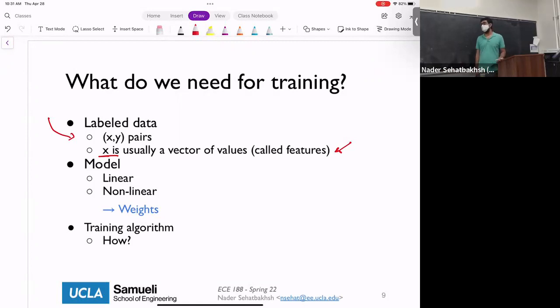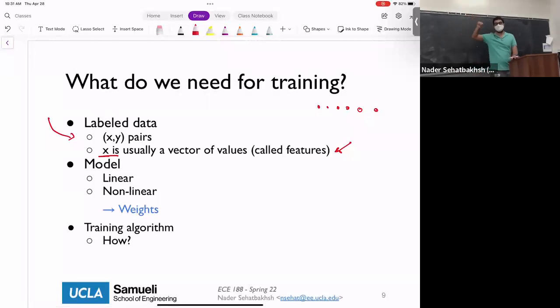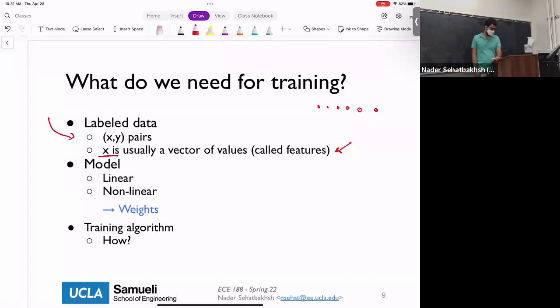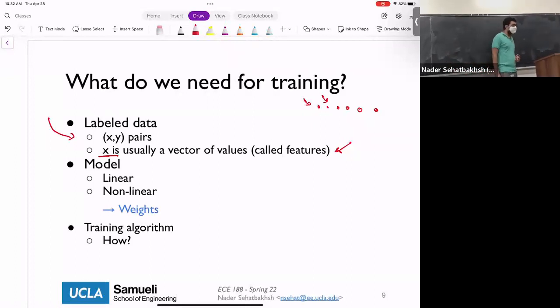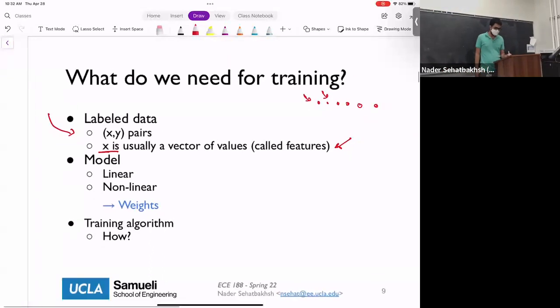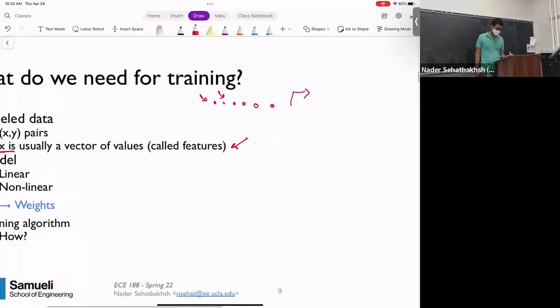So let's say for your image classification problem, your features are basically pixels of your image, because at the end of the day, an image is a 2D array of some values, some pixels, some colors, like RGB values, etc. Or this could be, for example, for your loan application, in order to decide whether you should be qualified for getting a loan or not, there should probably be a list of features, including your income, your education, your history, etc. And based off that, the outcome would be something like yes or no, whether you're qualifying or not.